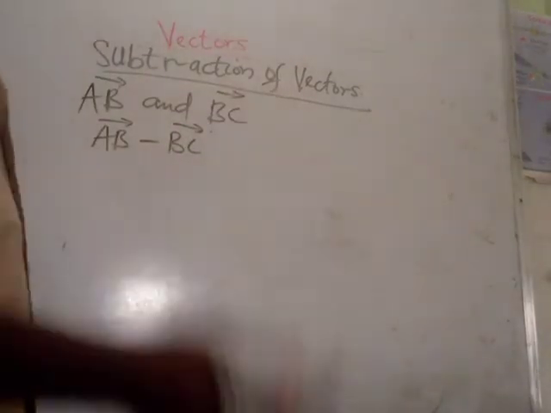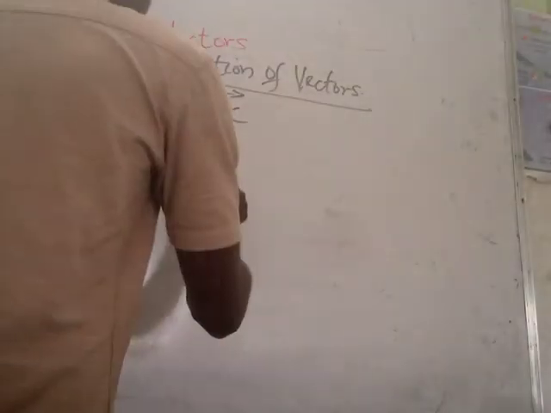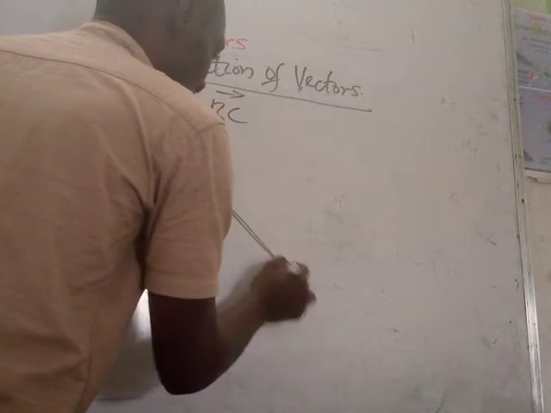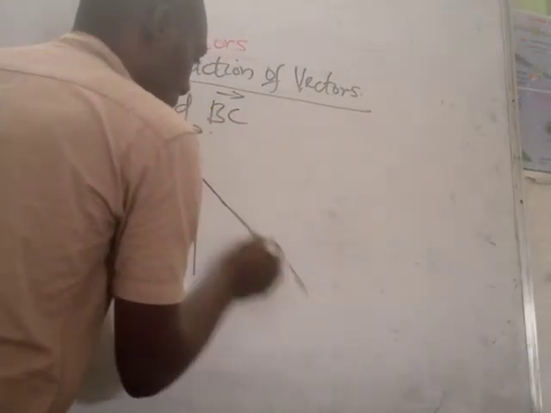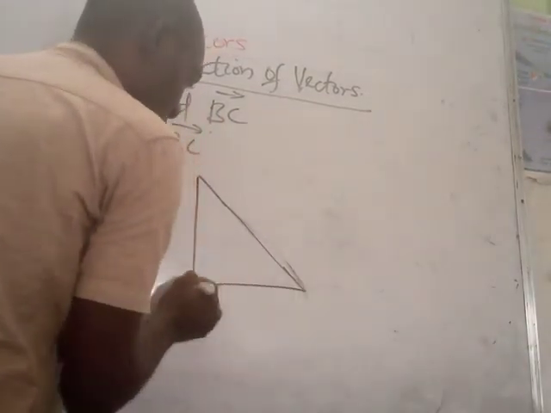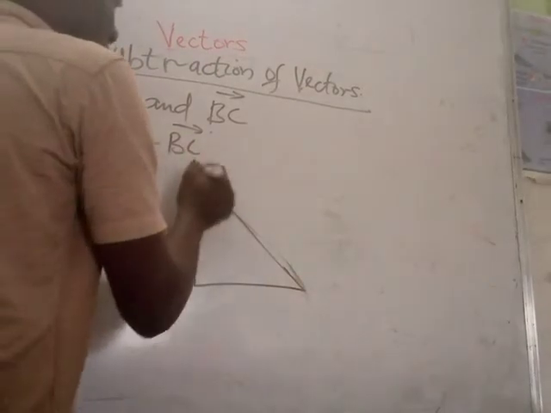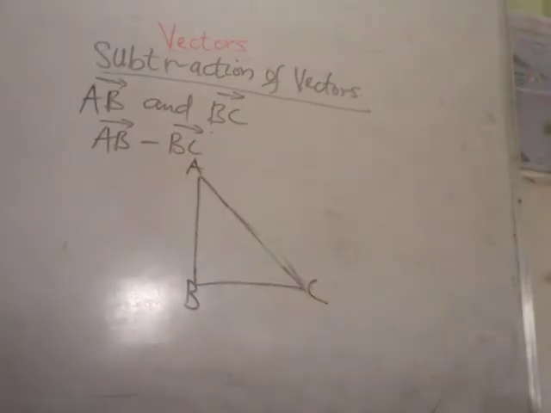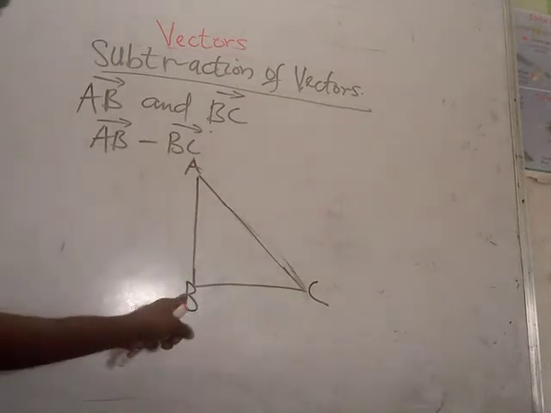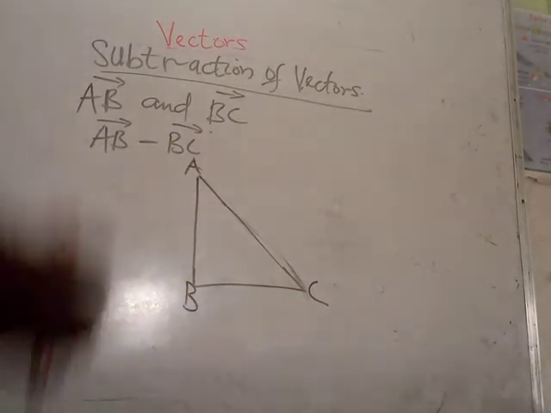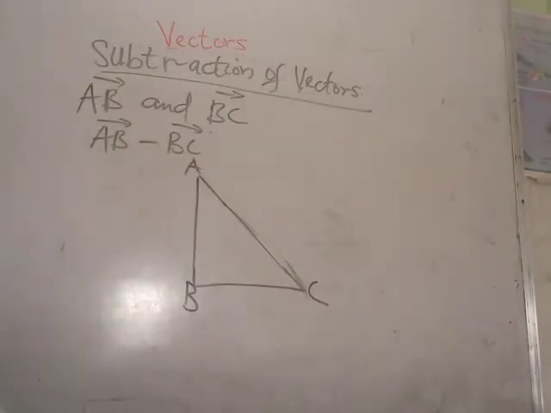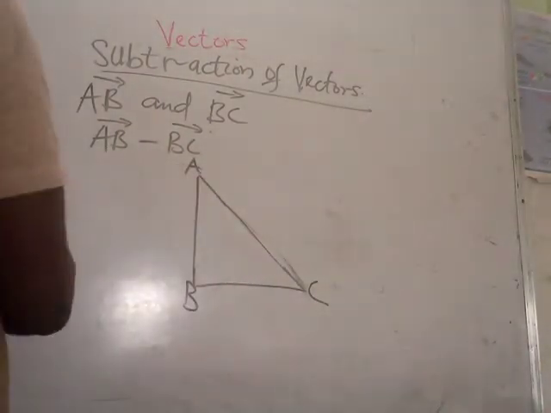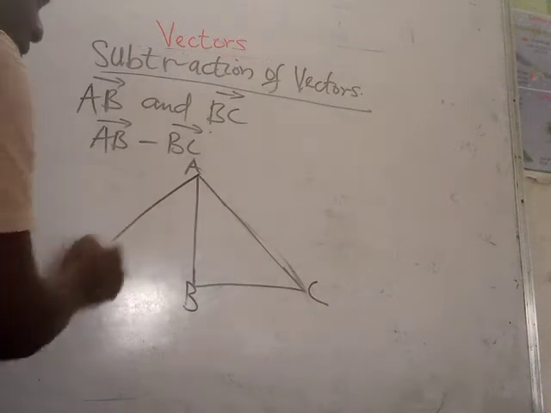Now let's look at this. I can illustrate this by having this. So this is A, B, and this is C. So this is vector AB, and this is vector BC. Now I wish to look for the difference between them. I can draw a similar triangle on the other side, having this.